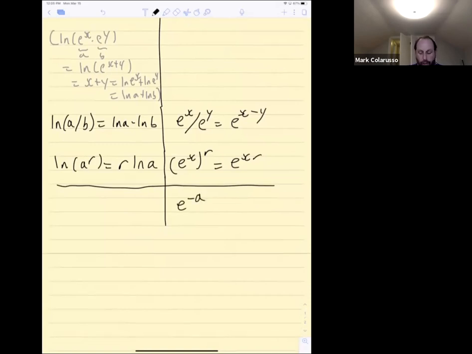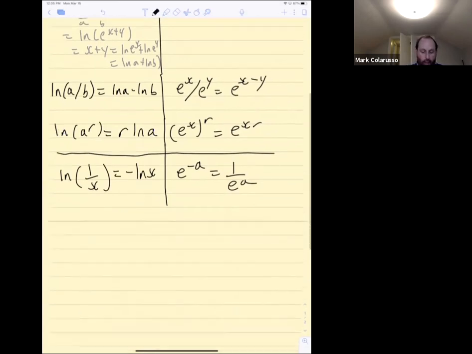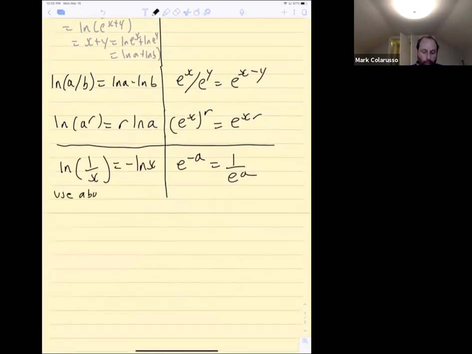Just negative exponents. e to the minus a is 1 over e to the a. So the ln of 1 over a is minus ln a. And this is a special case of the previous property with r equal to minus 1.